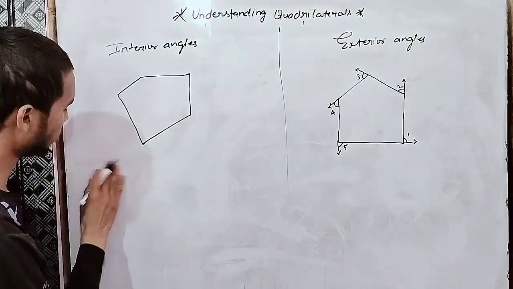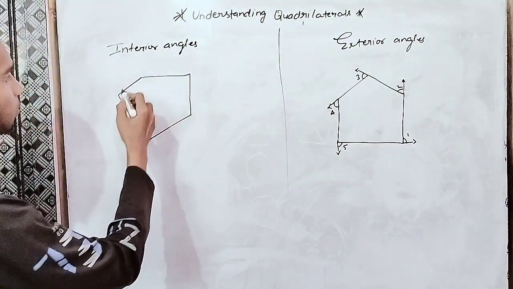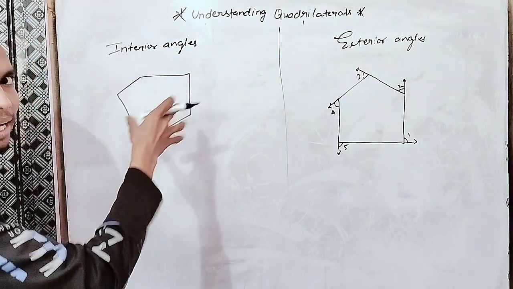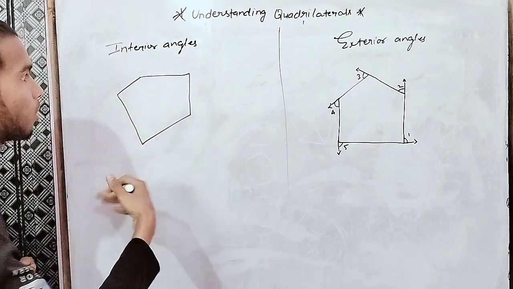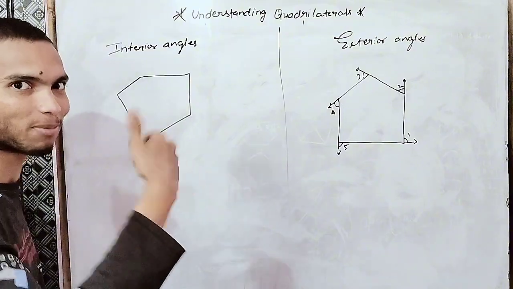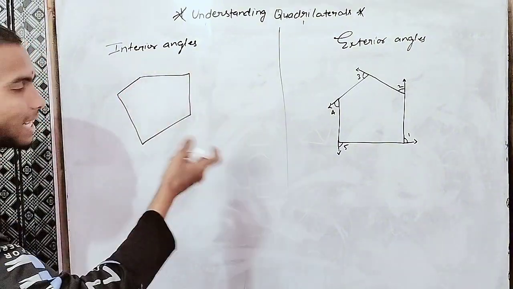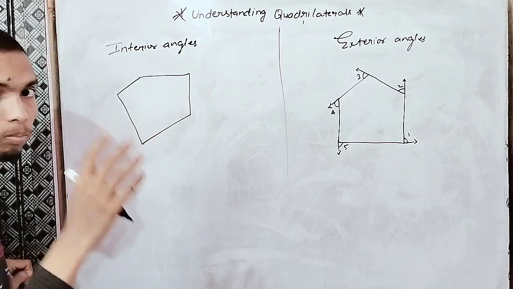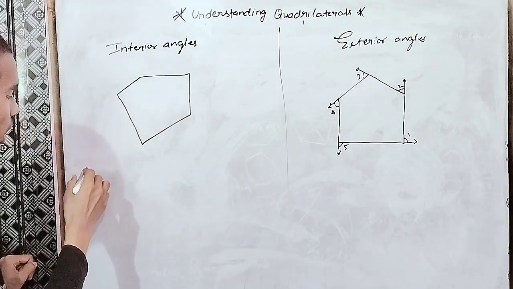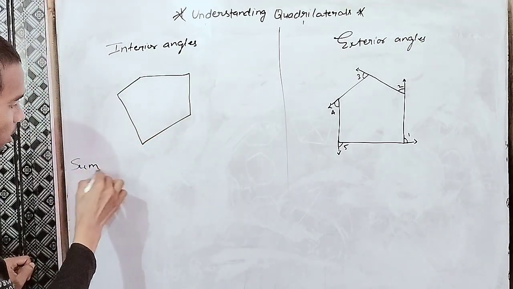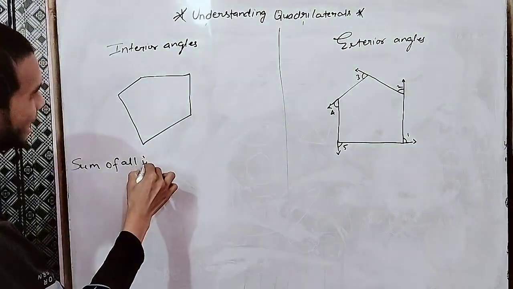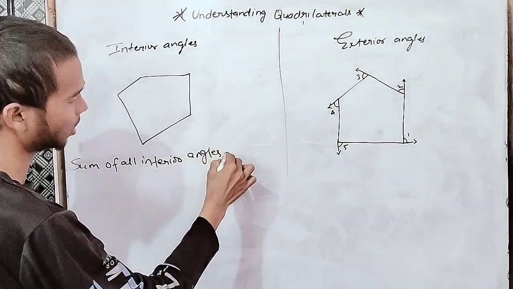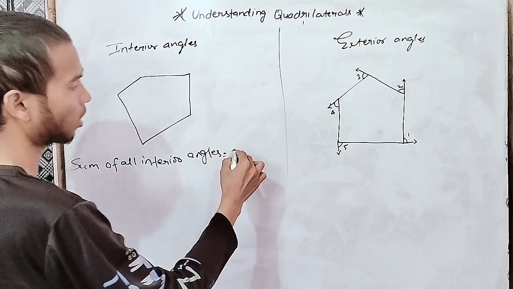So here we have how many angles? 1, 2, 3, 4, 5. So the sum of 5 angles, the sum of all interior angles, that will be better to say. So the sum of all interior angles of a polygon will be how much?